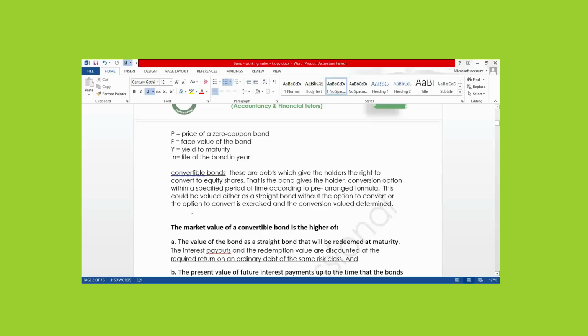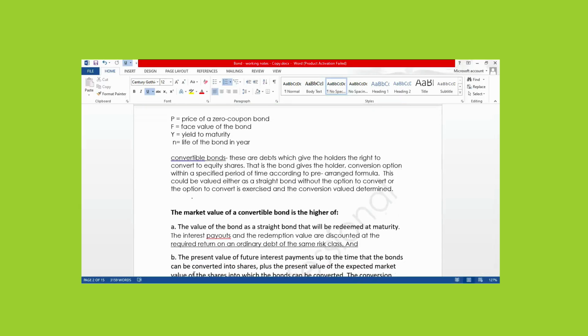These cash flows will be discounted to their present value using, please look at the screen, required return on an ordinary debt of the same risk class.